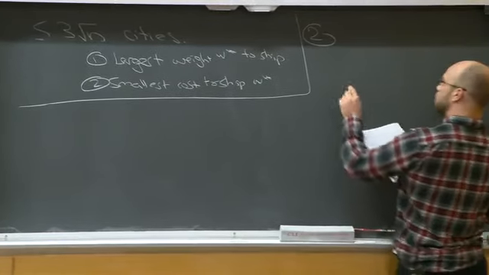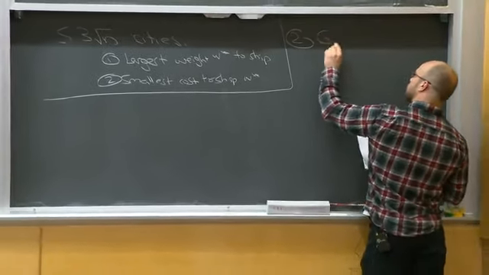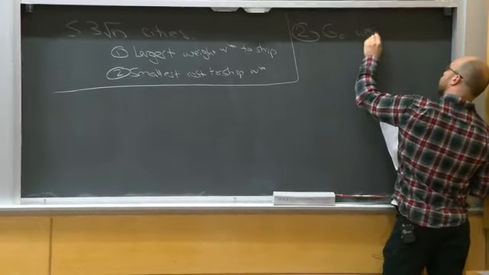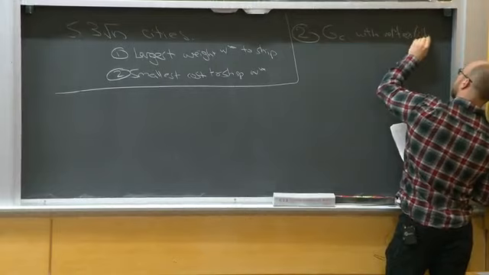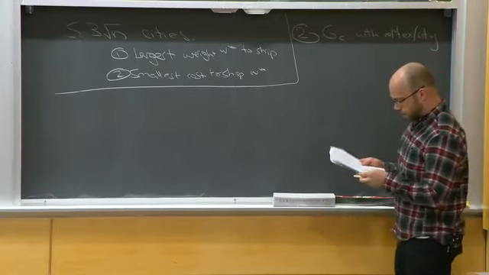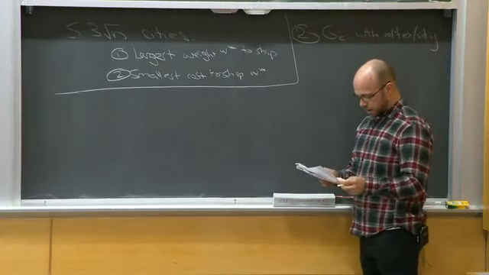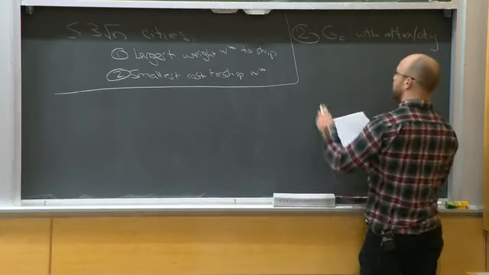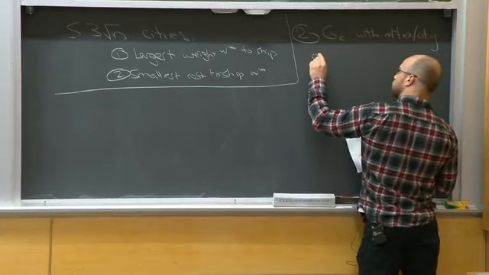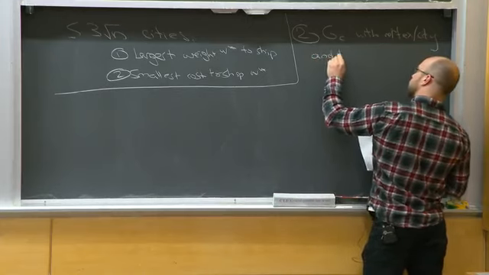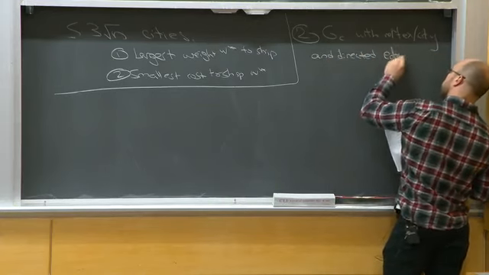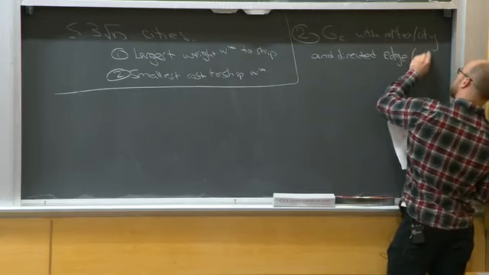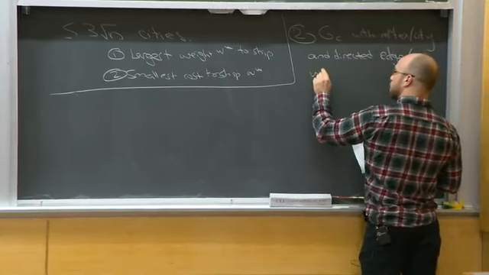I can make a new graph G sub C with a vertex for every city, and a directed edge, sorry, per shipping route.